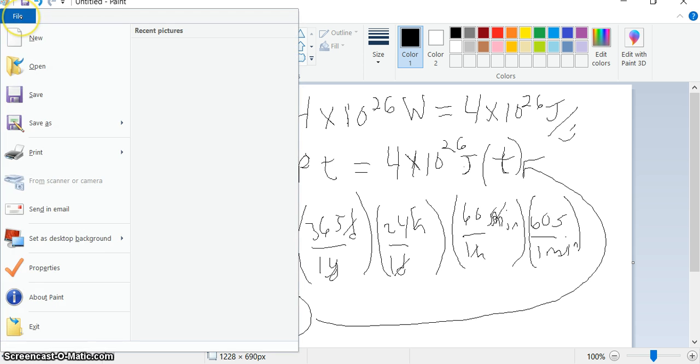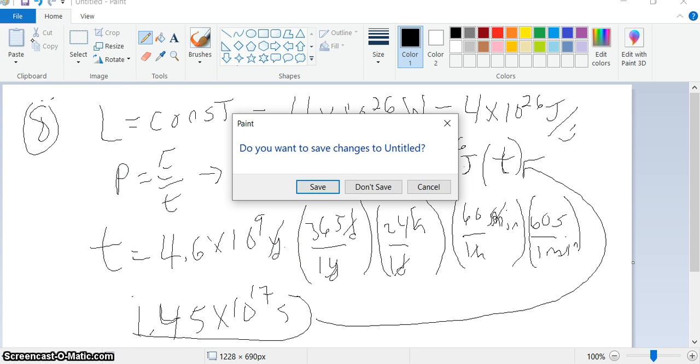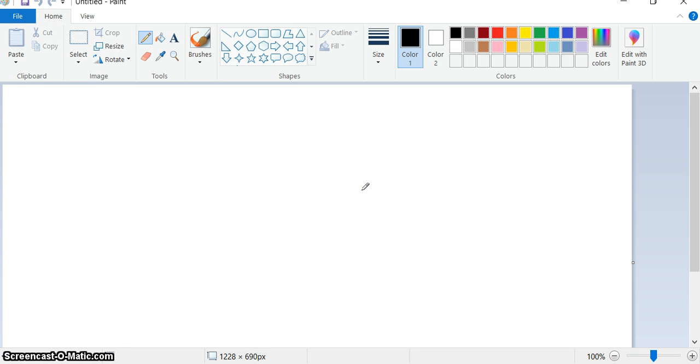All right, so let's do this. The energy is equal to the amount of energy that's coming, the power that's coming off the sun, times the amount of time.